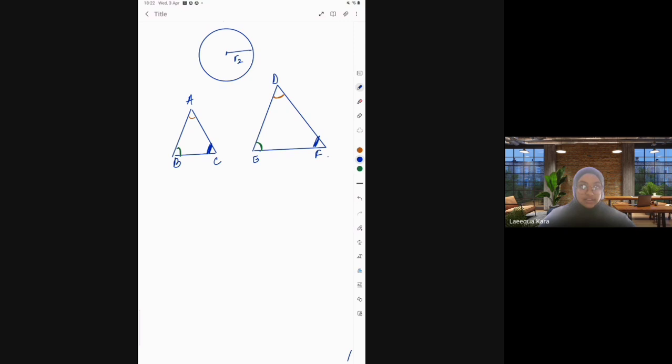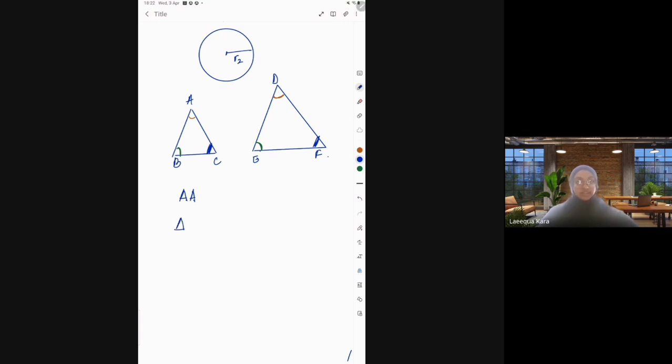Now, like in congruency, we have different rules to prove that two triangles are congruent to each other. We have the same in case of similarity. In similarity, the rule which is most commonly used is called the AA rule, which is basically an angle rule of similarity: if I can prove that two corresponding angles are equal, then I can say that the two triangles are similar to each other.